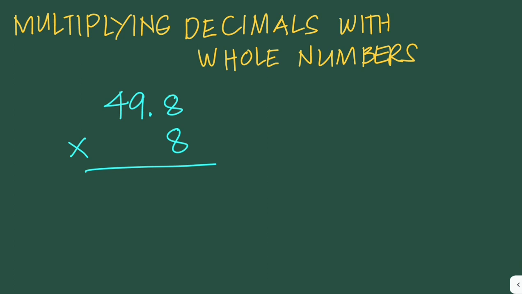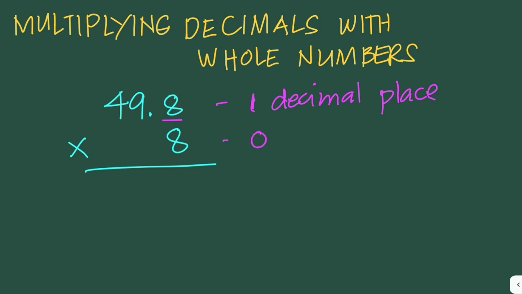So first we ignore the decimal point and then just simply multiply the numbers normally. So we count the decimal places here. For our decimal number, we have 1 decimal place, and for the whole number, of course, it is 0.